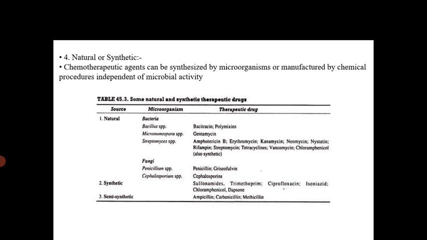Now examples, ampicillin, carbenicillin and methicillin. Okay, got it? So this is the table which shows you the source, microorganisms and therapeutic drug. It's given over here in 3 steps: natural, synthetic and semi-synthetic. It's very clear.